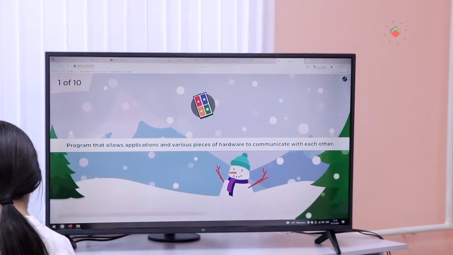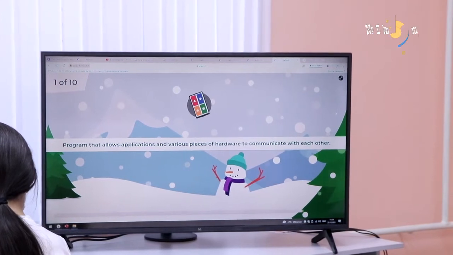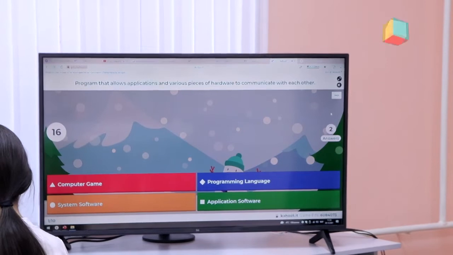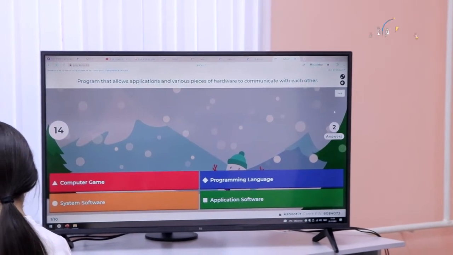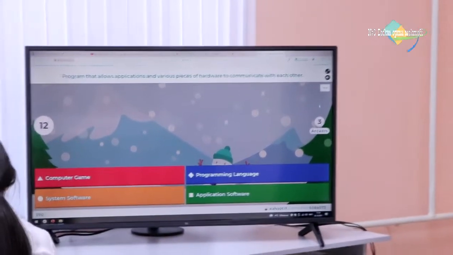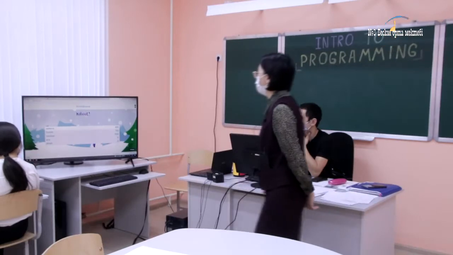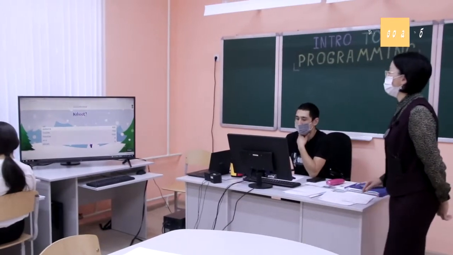Programs that allow applications and various pieces of hardware to communicate with each other. Answer. First place, Aidana. Next question.